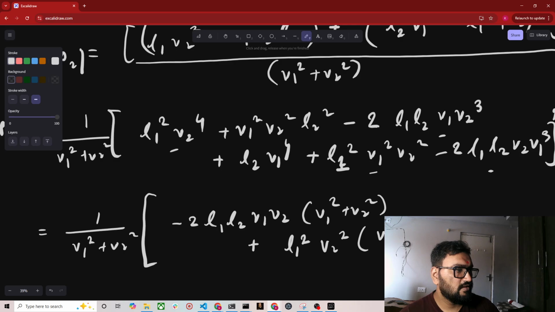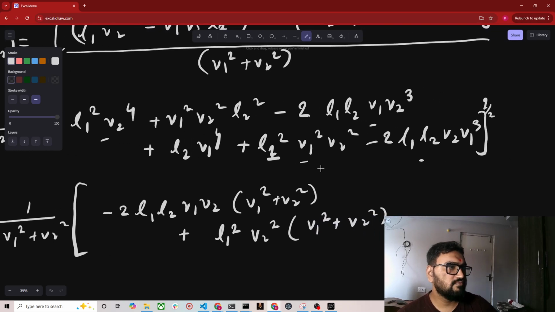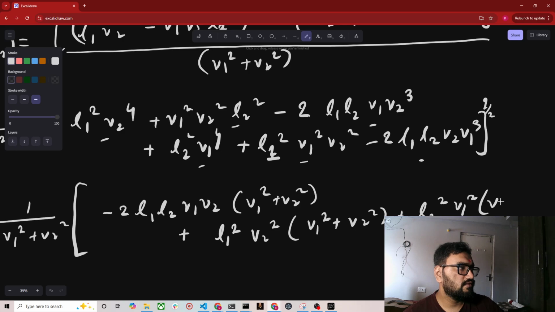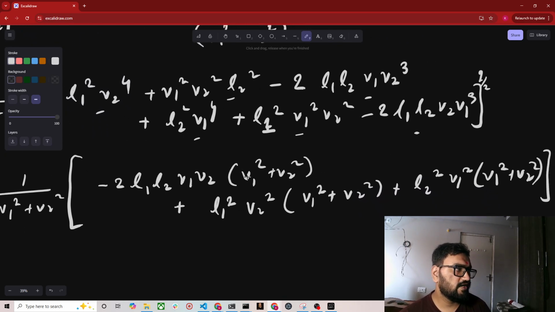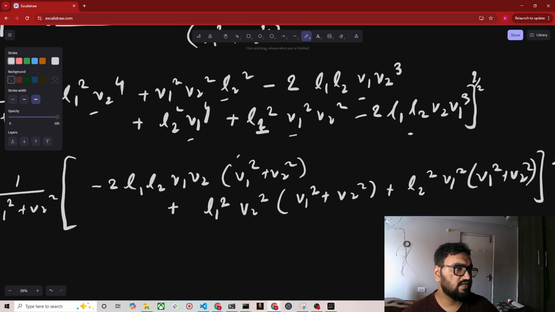So what remains is V1 square plus V2 square, and similarly from this and this, I can take out L2 square V1 square as common, right? L2 square V1 square into V1 square plus V2 square. Okay, and the root of the entire thing. So it means effectively that V1 square plus V2 square is common in all the three terms. We can take this out.